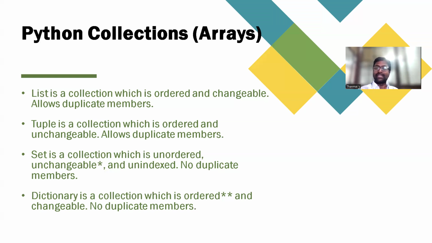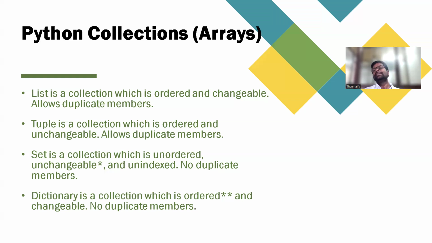But in a dictionary you can't use duplicate members. That means the elements in a dictionary will not accept duplicate values. So don't use duplicate values when you are initializing the dictionary type of Python collection.